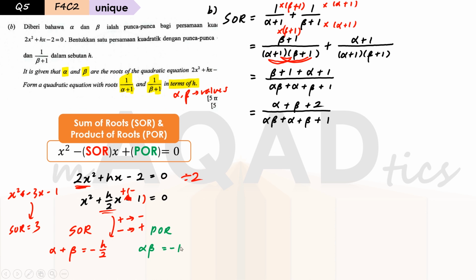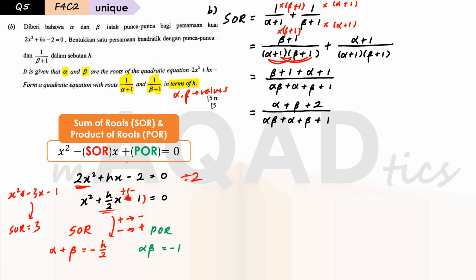Now we have used two ways from this equation to find out the SOR and the POR, and then we can equate both of the things here. So alpha plus beta would be negative h over 2, and alpha beta would be negative 1. According to our two results here, let's go back to our fraction. If you compare here and here, you can see there are some similarities already.